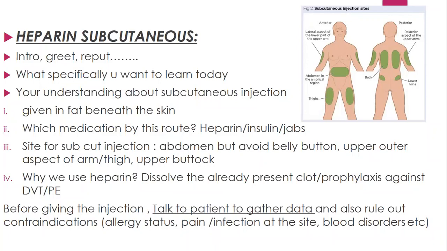Before giving the injection, I'm telling this to you like you are my colleague. John, before giving the injection, you need to talk to the patient to gather some data. You need to know what specific signs and symptoms he is having right now. If he is having, let's say, a blood clot, then we will be asking him about the onset, progression. We will be elaborating it properly.